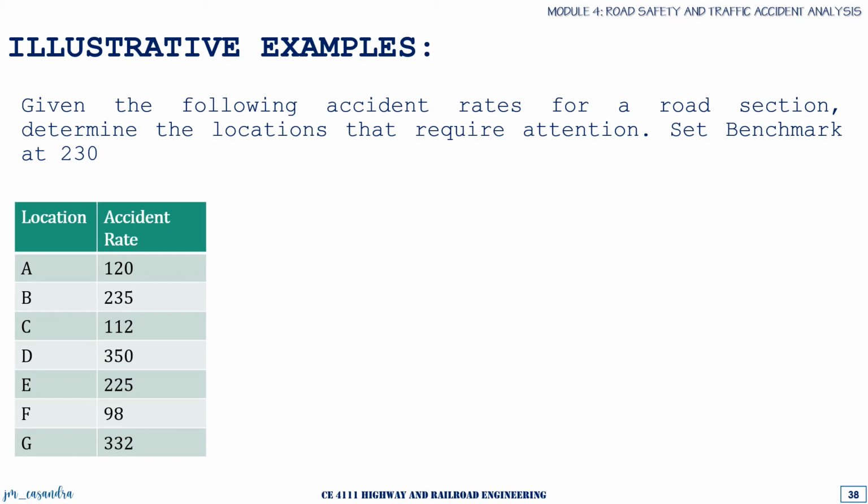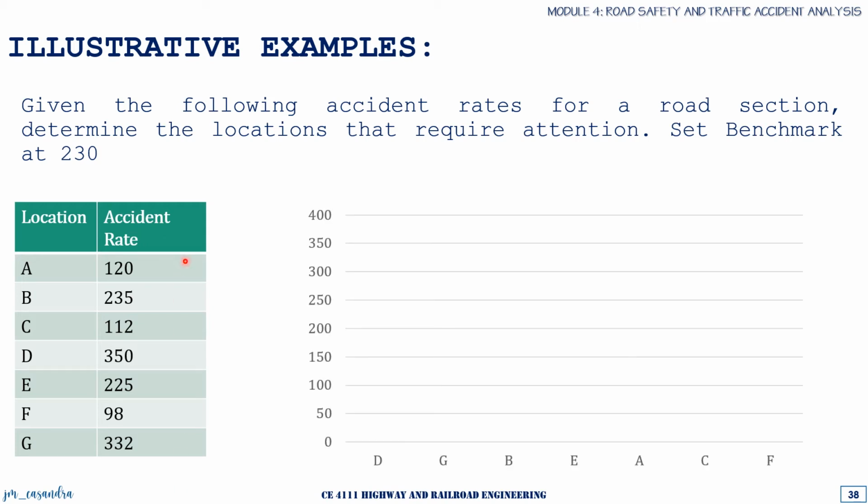So next, we have, given the following accident rates for a road section, determine the locations that would require attention or should be considered as a black spot or hazardous location. Let's set the benchmark at 230 accidents with casualties. So what we will do is to arrange this graphically by highest to lowest.